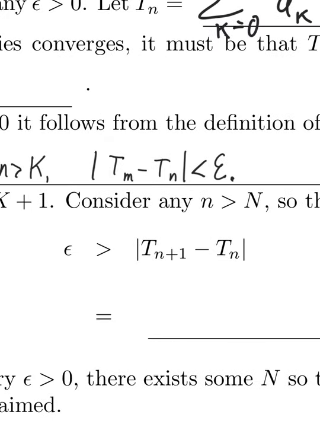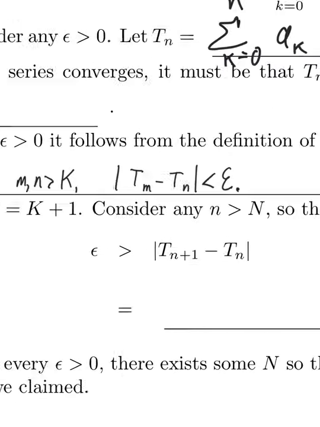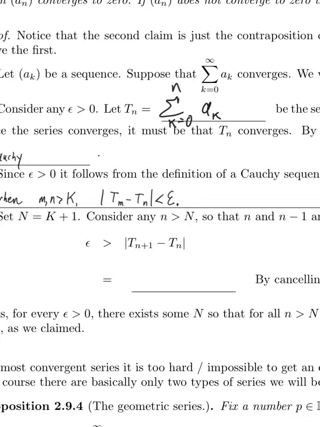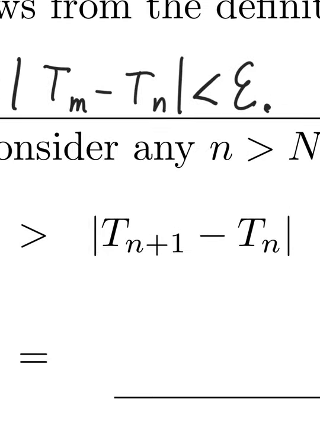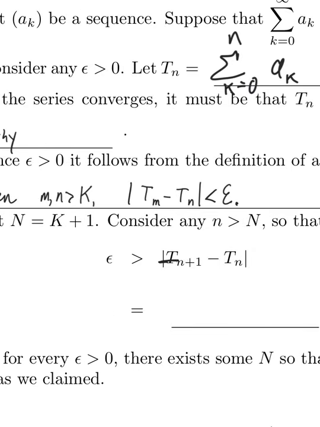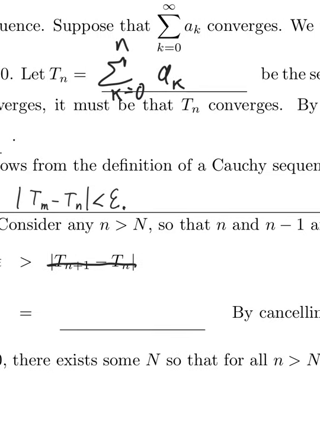It follows then that, oh, these indexes are wrong, epsilon is bigger than the absolute value of T_n minus T_{n-1}.